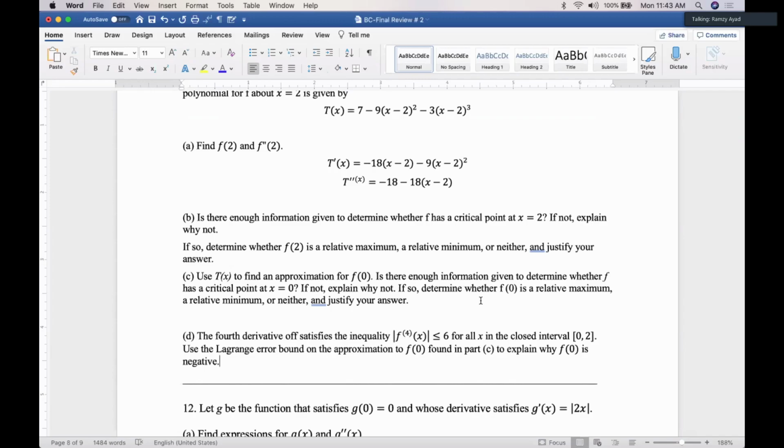If positive, say minimum. If negative, say maximum. If it's not at the center, that means they are trying to fool me. I would say what we get from the derivative or the second derivative is only an approximation, and we cannot determine the actual value of the derivative. So we cannot tell if it's a critical number or not.